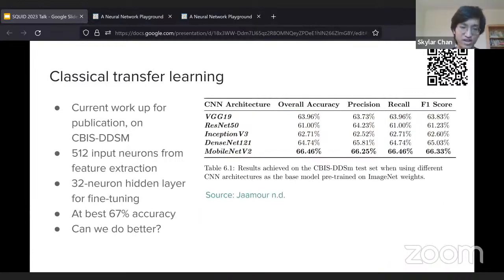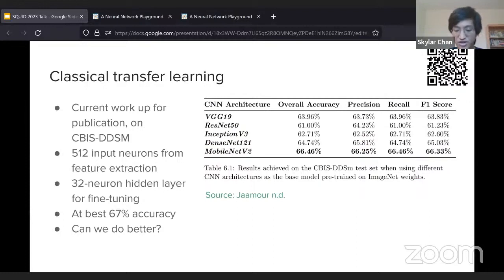So here's some prior work with classical transfer learning on the same Cantor dataset with essentially the same classification problem. This is work that is currently up for publication. What the authors do here is use 512 input neurons for feature extraction, and then a 32 neuron hidden layer for fine tuning.